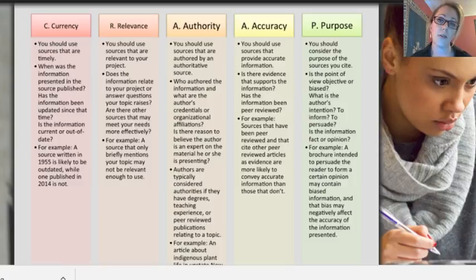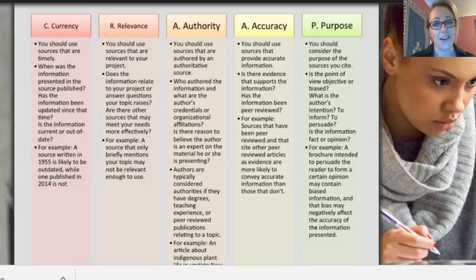So make sure that the authors are present, but also that they are an authority that you can trust. And sometimes we want to dig a little bit deeper than that name and see if that author has any credentials. Are they a certified engineer or are they a medical doctor? So make sure that we have authoritative authors that we can trust, that they know what they're talking about.